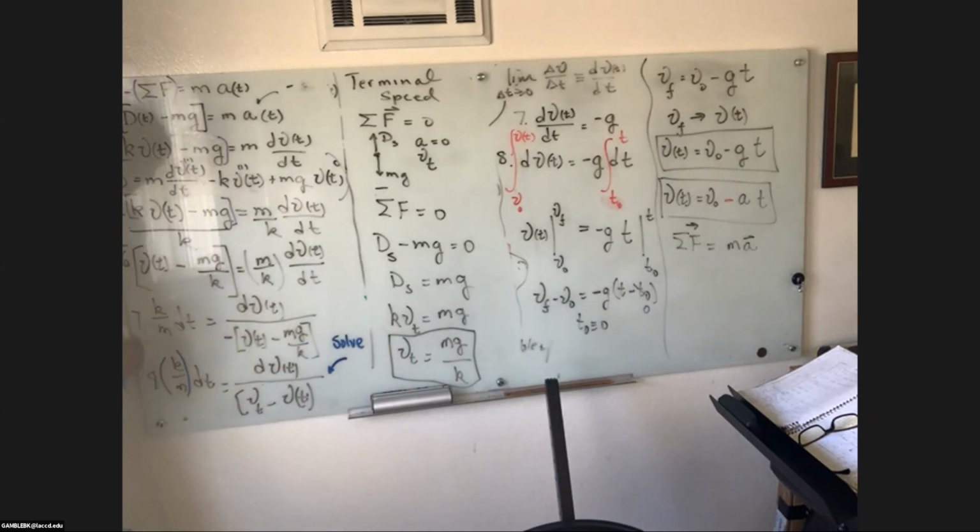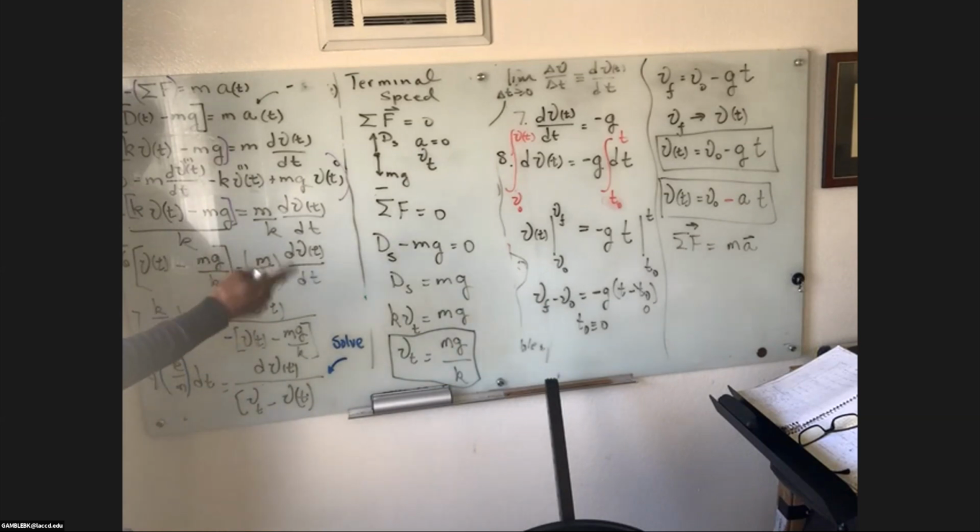That is the time it takes for it to go to terminal speed, or rather the inverse of that time. Actually, I guess I did see it. We'll see it once we get the equation of motion, and we can look at it differently.